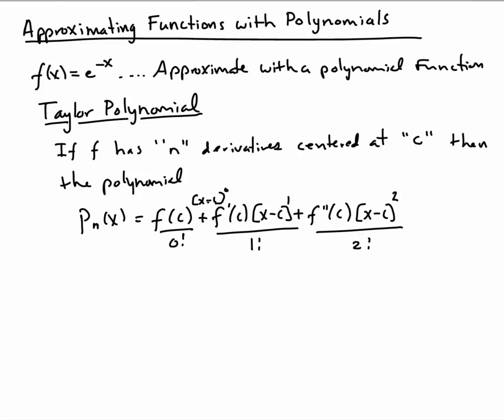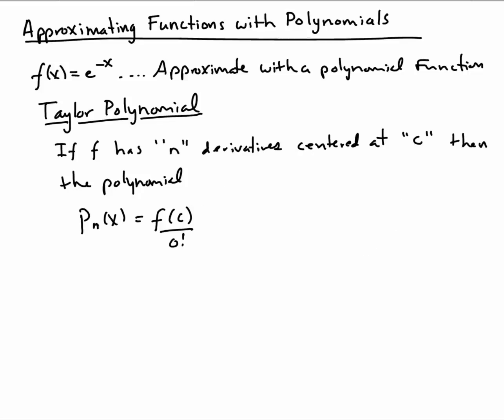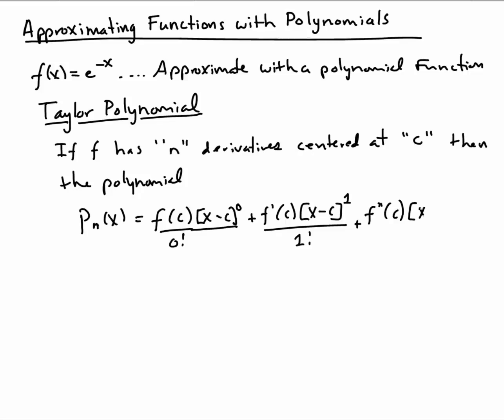Let me rewrite this a little bit so it doesn't look like an exponent. That was x minus c to the 0, and anything to the 0 power is 1, plus the first derivative evaluated at its center, x minus c to the first over 1 factorial, plus the second derivative evaluated at c, where c is the center, and I'll explain what that means in a little bit, times x minus c to the second power over 2 factorial.